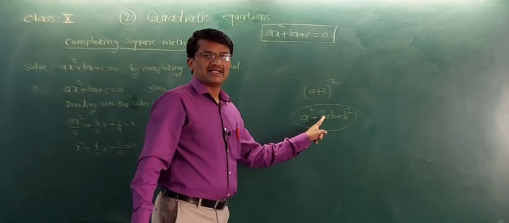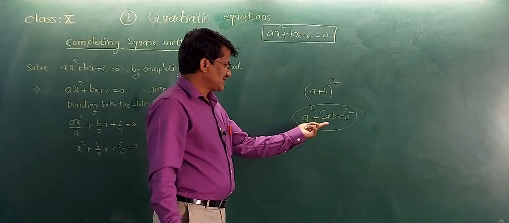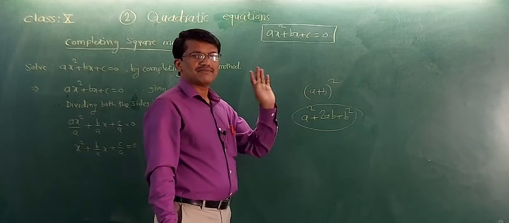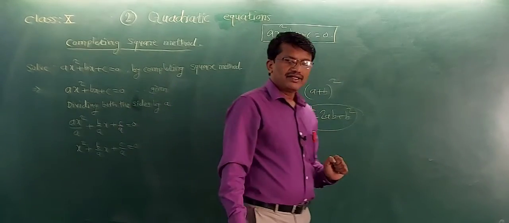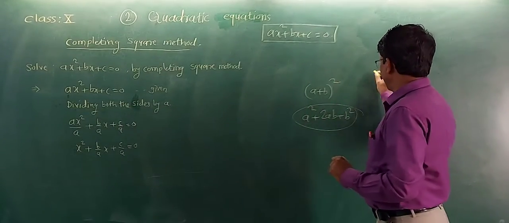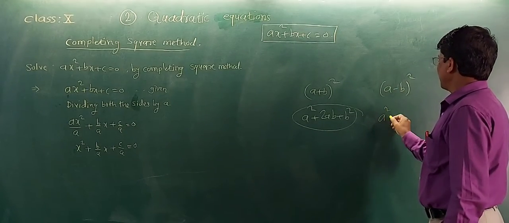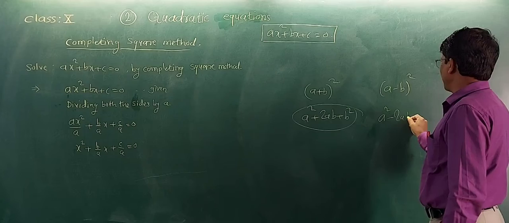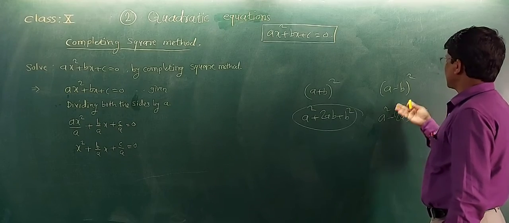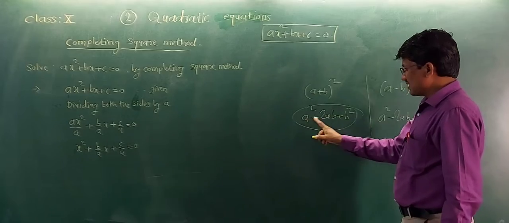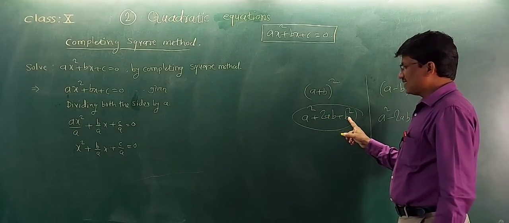If three terms are there, we can say this is the expansion of (a plus b) whole square. Or if (a minus b) whole square is there, the expansion is a square minus 2ab plus b square. This is the expansion of a minus b whole square.